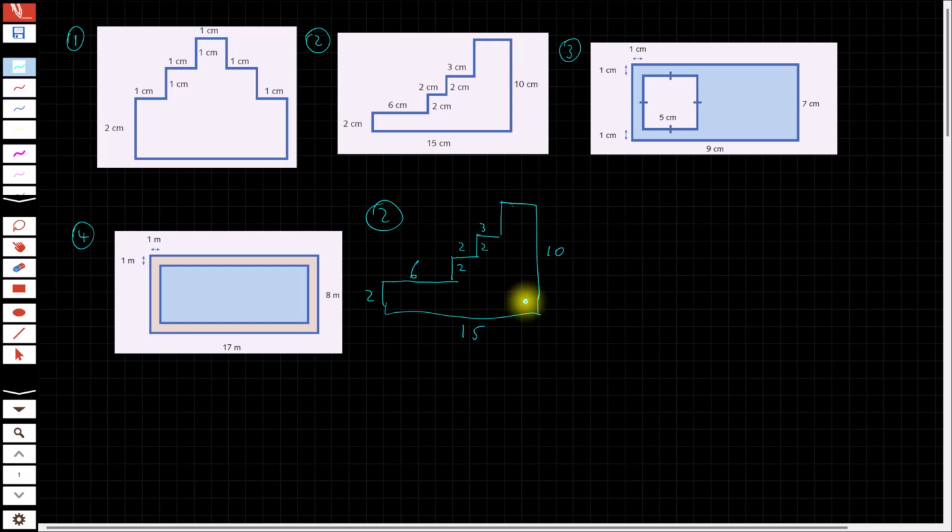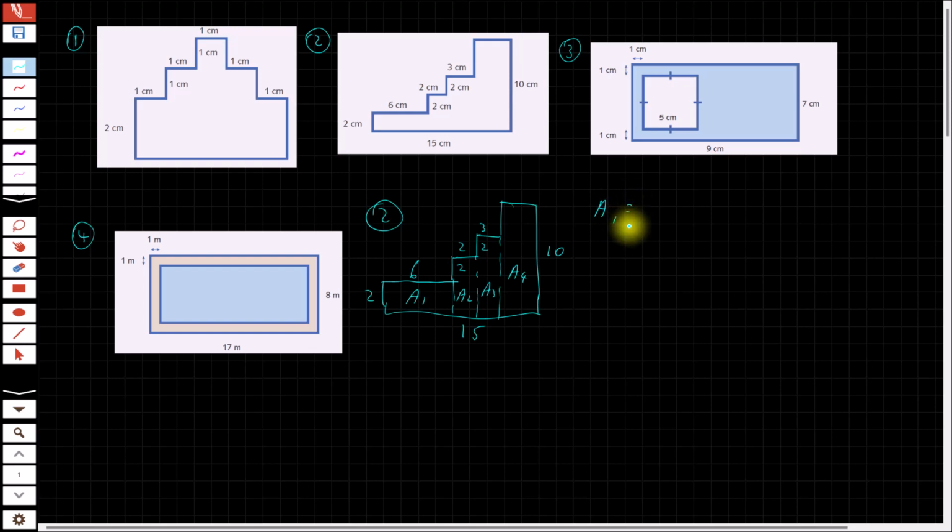Okay, let's break this into segments. So let's break it, let's go down here. And let's label the segments. So A1, A2, A3, A4. So let's calculate each one separately.